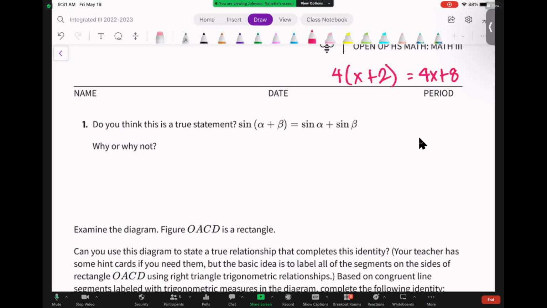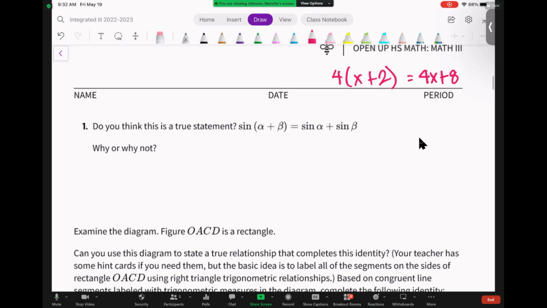And you distribute that 4 and you multiply that. That is a true statement. Distributive property works. Ms. Johnson, how come this distributive property doesn't work for sine alpha plus beta? Because in this case, the thing you're distributing is a number. Sine is not a number, it's a function. It's an action. You're doing something to it.